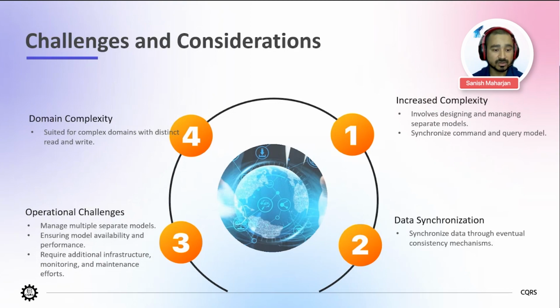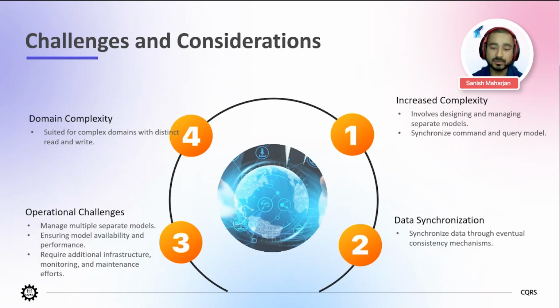Number three, operational challenges. Managing multiple separate models, ensuring model availability and performance require additional infrastructure, monitoring, and maintenance effort. So this means having multiple databases and multiple models means we need to plan accordingly for all those databases to be available at all times.